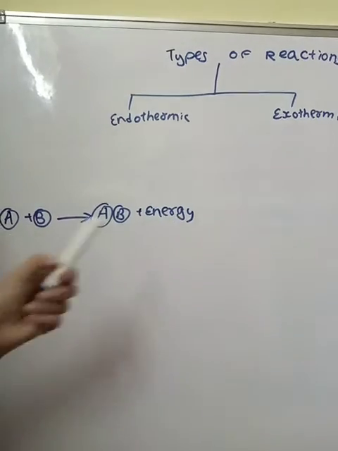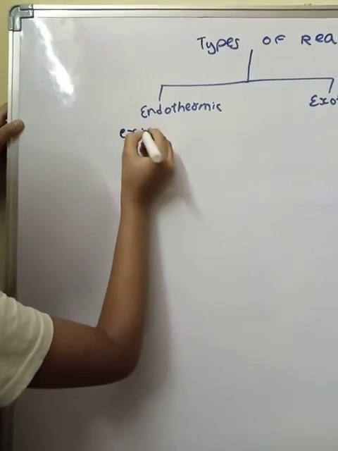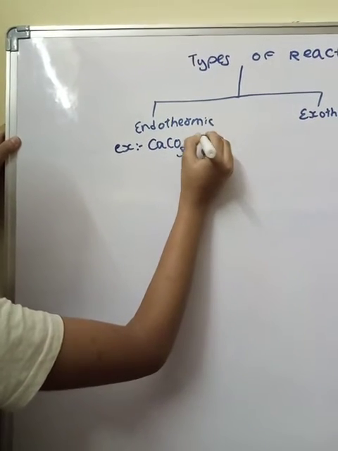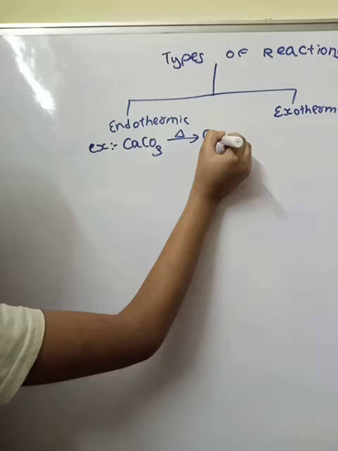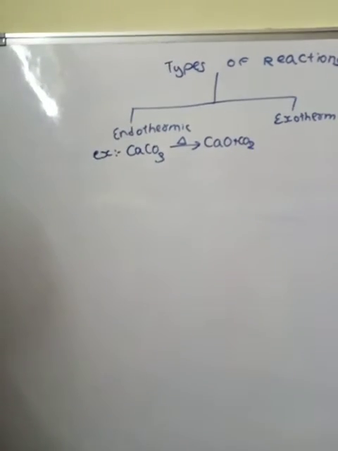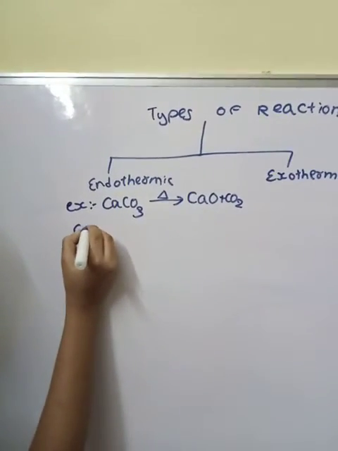Suppose an endothermic reaction example: CaCO3 on heating breaks into CaO plus CO2. The process of photosynthesis is also one.